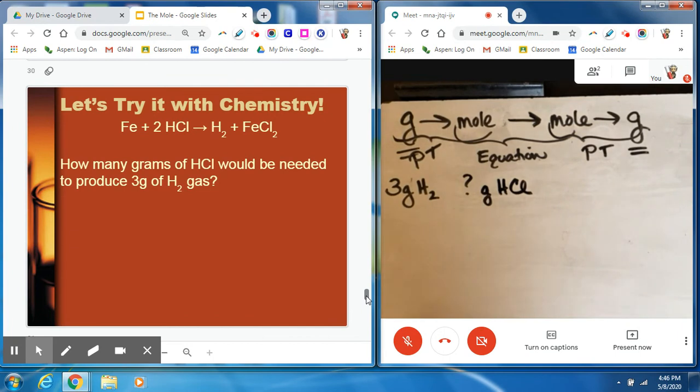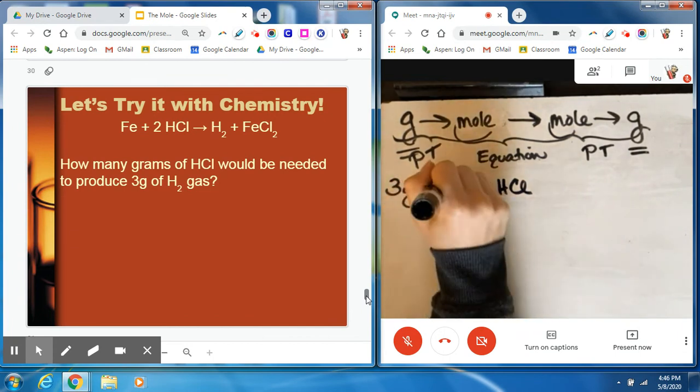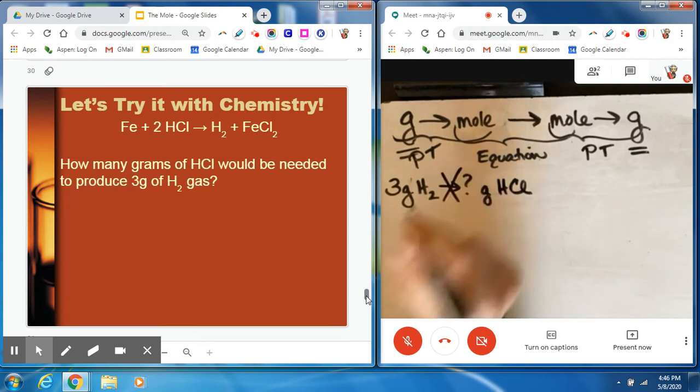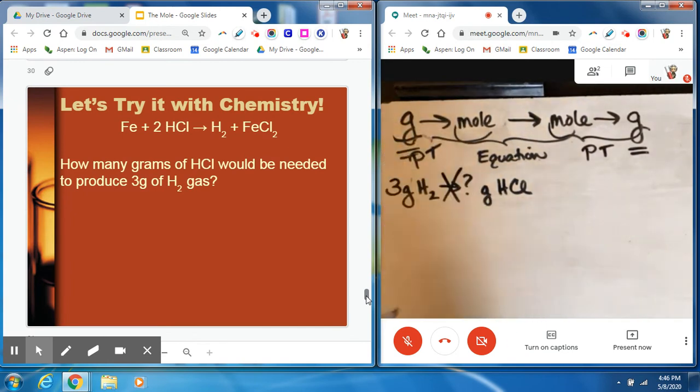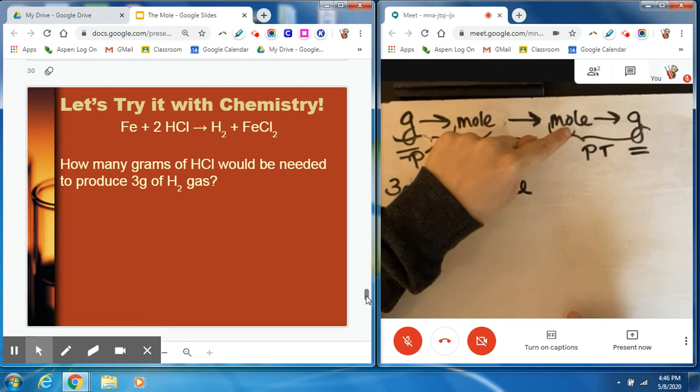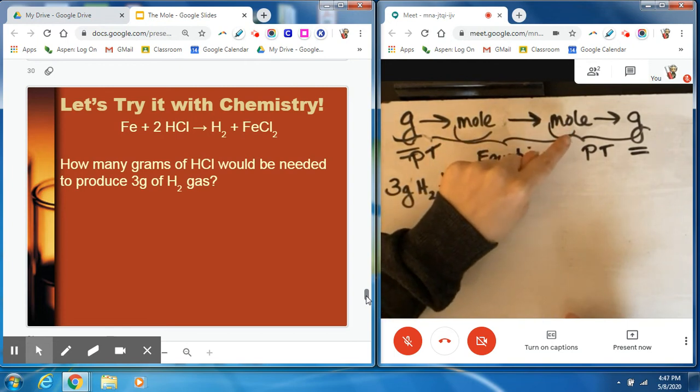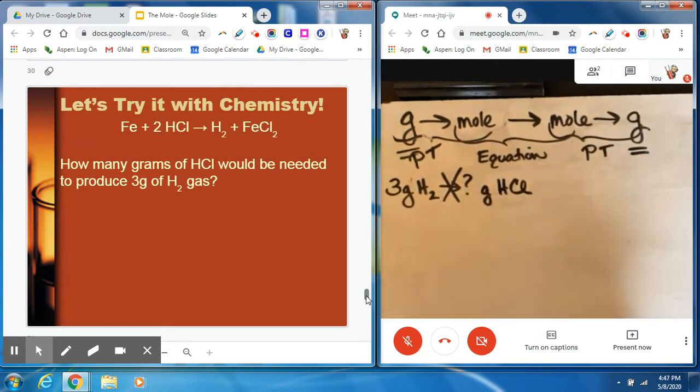Now, we do not know. There is no direct relationship between that. We have to go from grams of hydrogen to moles of hydrogen. Then we're going to use our equation to go from moles of hydrogen to moles of HCl. And then once we know moles of HCl, we can figure out grams of HCl. And this is where it gets long, but not impossible. Okay?